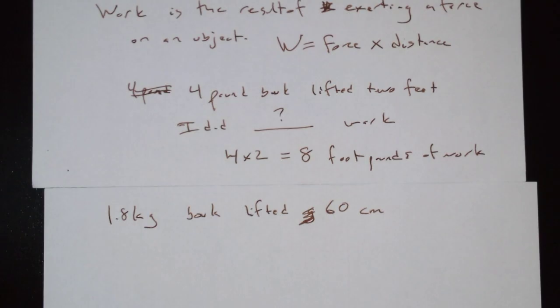There you go. Same exact problem. How much work did I do? There's something missing from this version of the problem that was present in the previous version. What's missing?